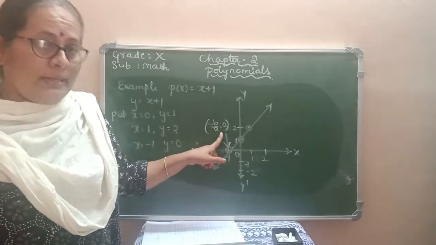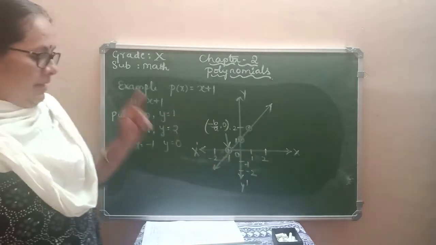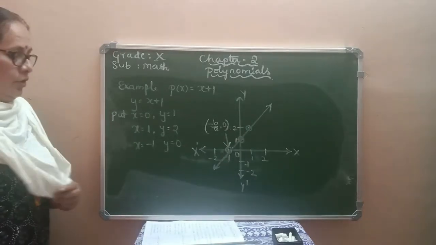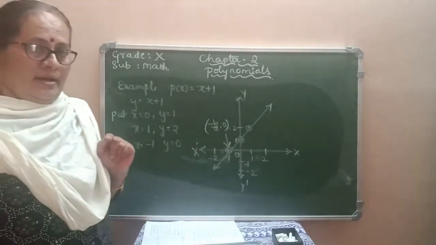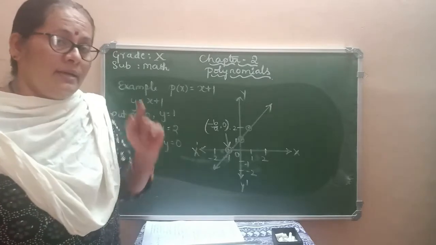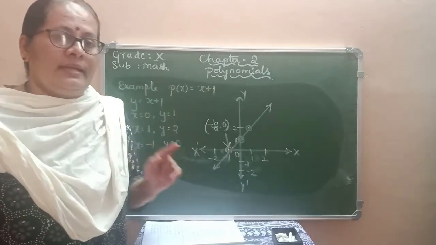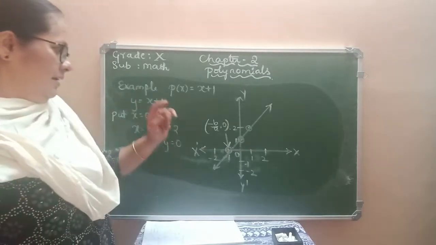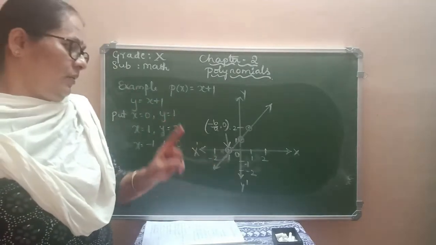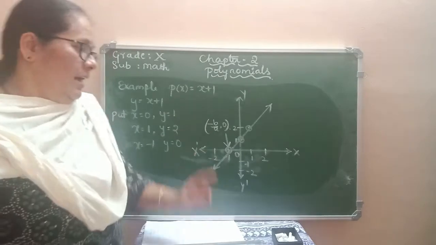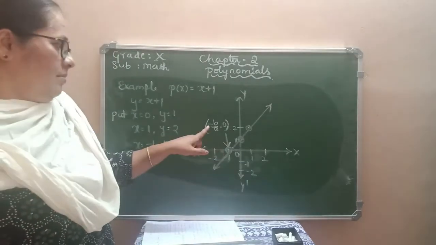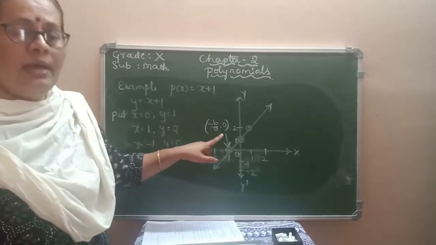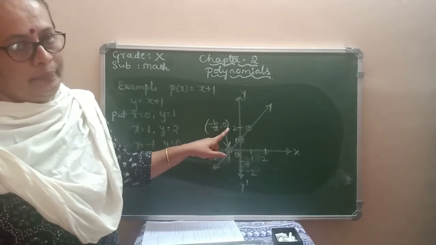So the graph of a linear polynomial is a straight line which intersects the x-axis at only one point, and that point is minus b by a, 0.